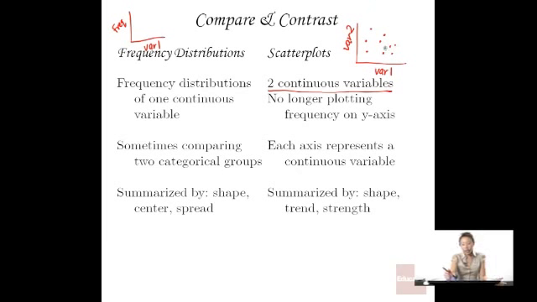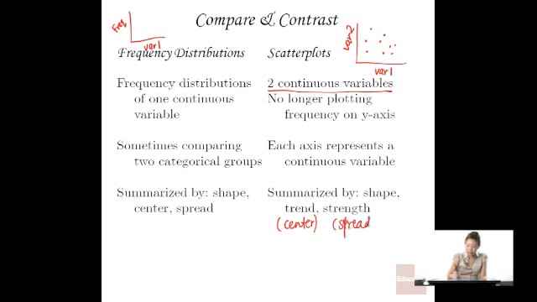Notice that here, it doesn't quite seem like we're really interested in the center of one dimension. We're sort of interested in the center of two dimensions. And so because of that, trend is going to be sort of like center, and strength is going to be sort of like spread.